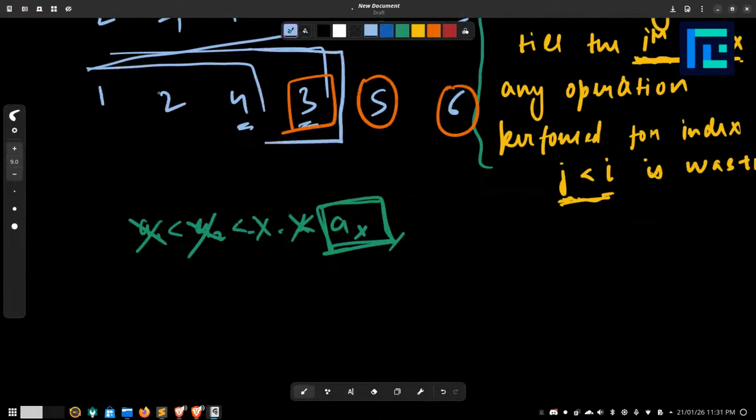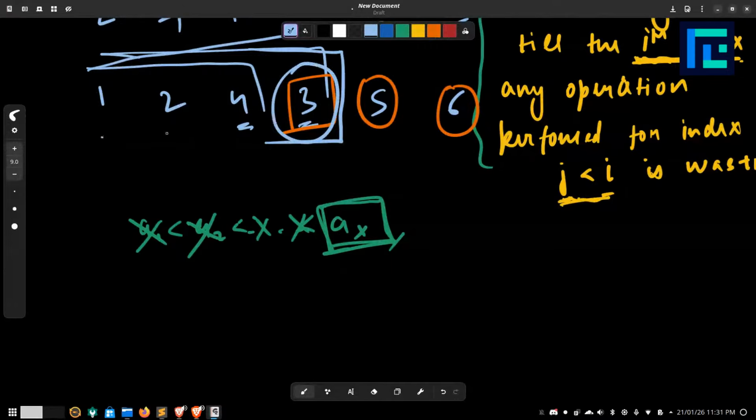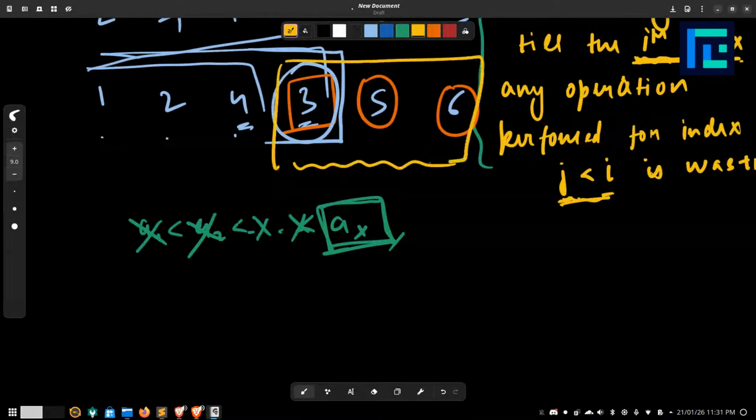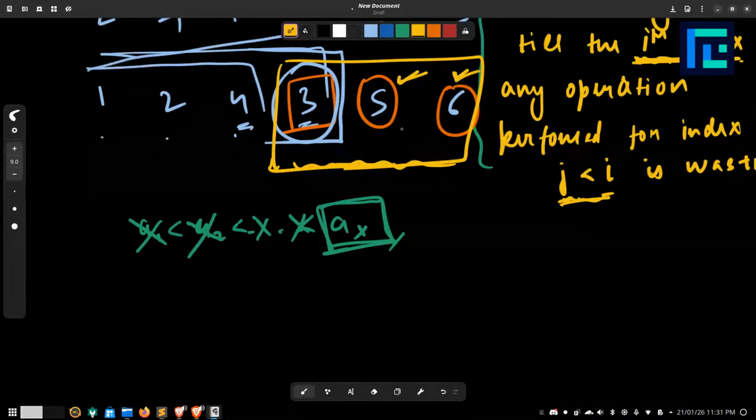And what I'm saying is that if we are performing an operation on this index, we won't want to perform any operation on any index lower than that. So now we have options to perform operations on these indexes. And obviously, since these two are at their correct positions, they must be greater than 3, because these two are the largest and the second largest elements in the array.